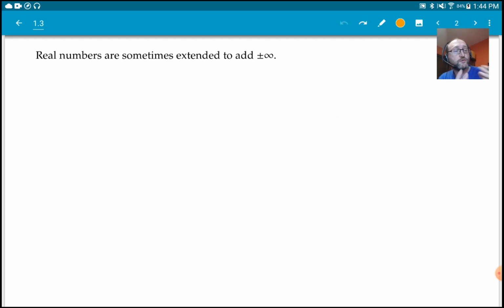Now, what we do sometimes with real numbers is we extend them by adding plus and minus infinity to make the real numbers into this nice compact interval, which makes some arguments easier.